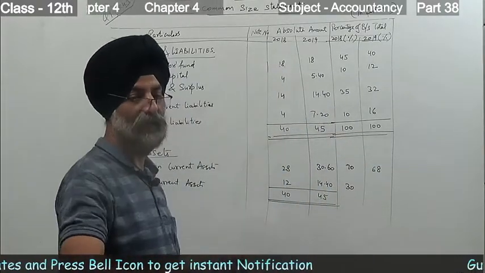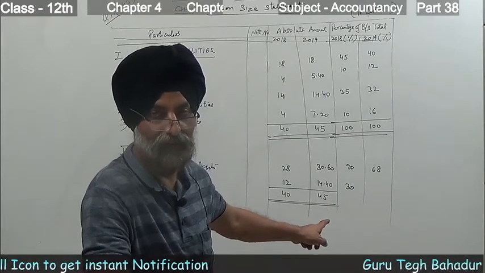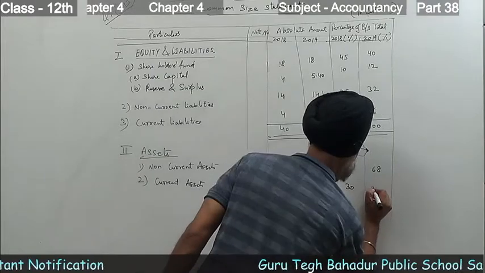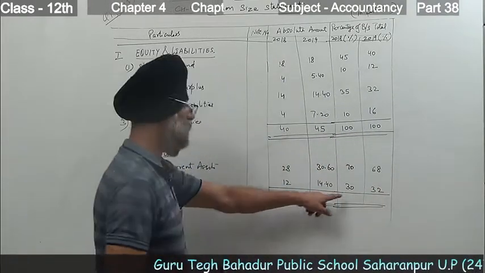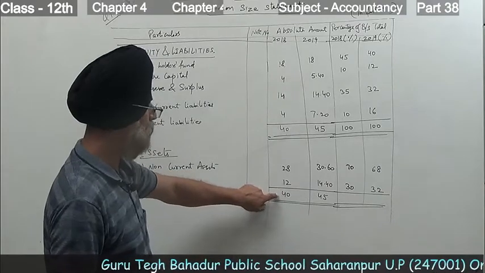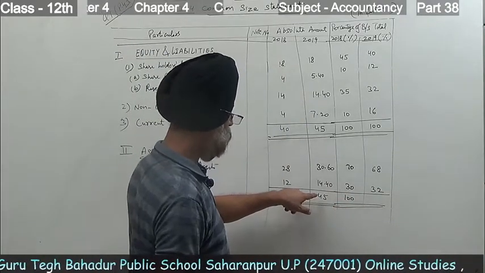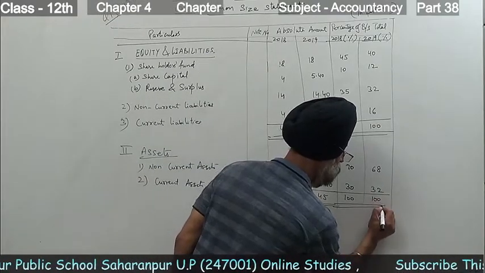And 14 lakh 40,000 by 45 lakh, the total of the balance sheet, then we'll get the percentage, it is 32%. And about this column, 40 by 40 into 100, again 100%. For this column, 45 lakh by 45 into 100, again the same 100%.